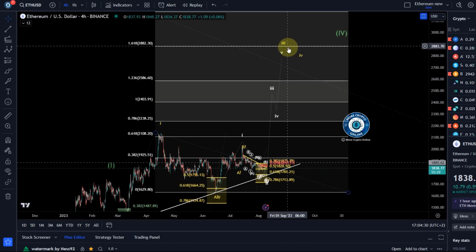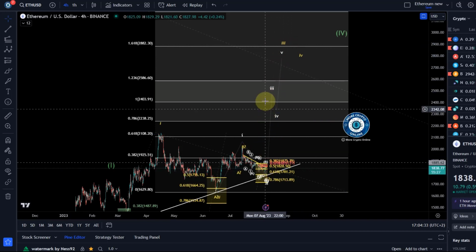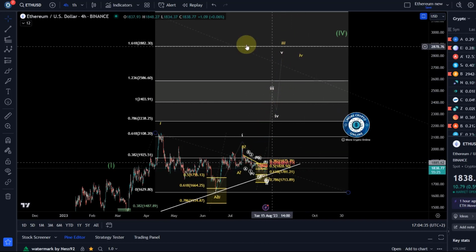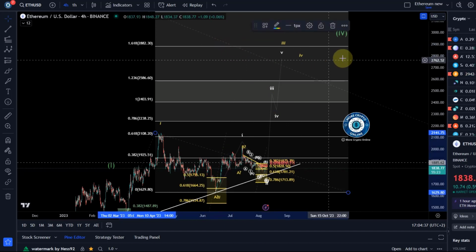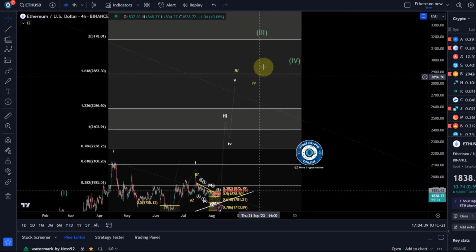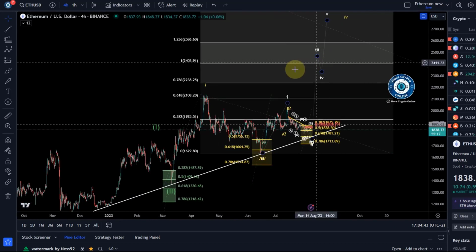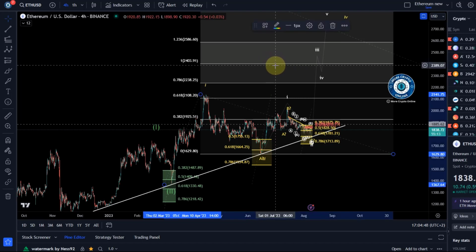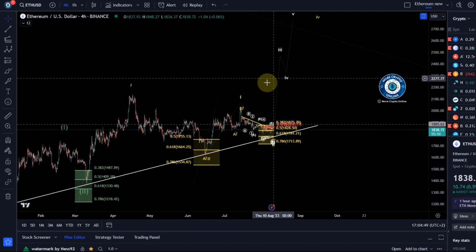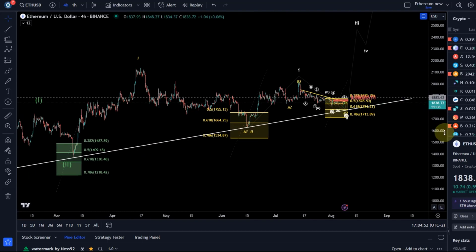This will depend to a degree on the sub-wave structure, so this is sort of a moving target right now. And obviously we should then get a yellow wave 4, a green wave 3, a green wave 4, and it should cascade higher and would eventually, if we really get into a bull run, take us to 8 to 10K. Very important. Now let's zoom in.